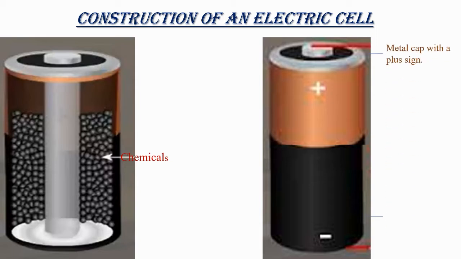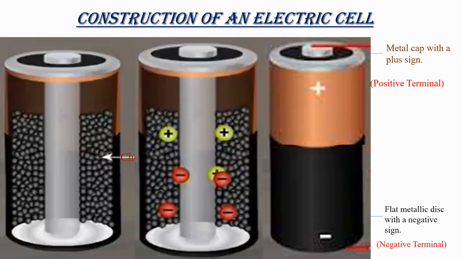The positive terminal is made up of a metal cap with a plus sign, whereas the negative terminal is a flat metallic disc with a negative sign. A chemical reaction occurs inside the cell to generate electricity. Electricity is produced by the positive and negative charges.